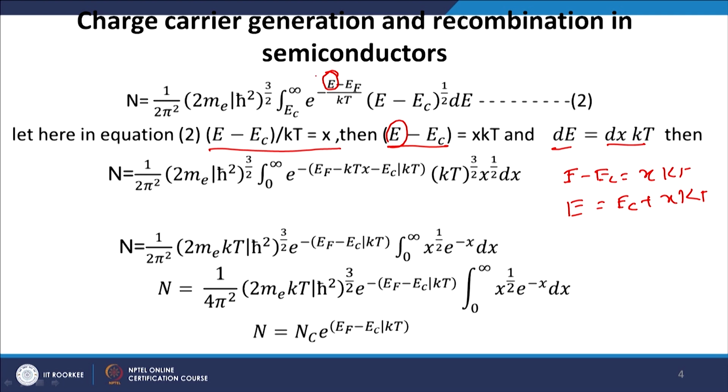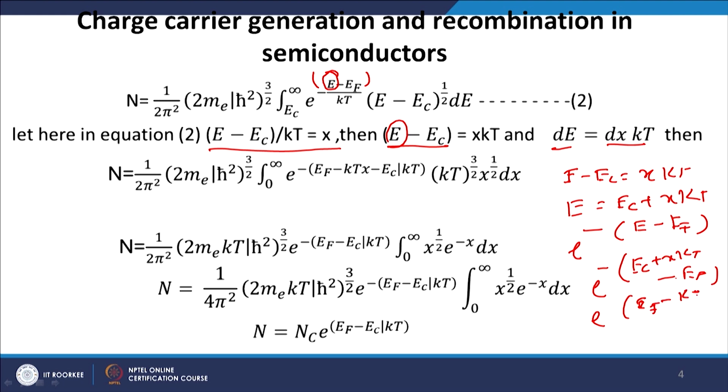So, in the bracketed expression, we have e to the power minus (E minus Ef), which we can write as e to the power minus (Ec plus x kT minus Ef), or, with the minus signs changed, e to the power (Ef minus Ec) by kT minus x.